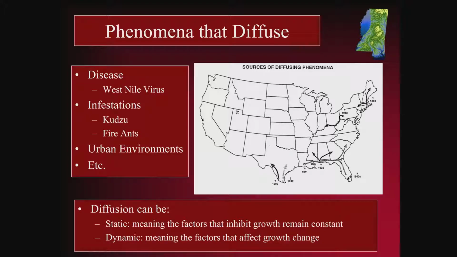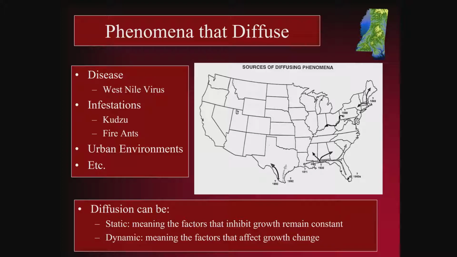They actually planted it to shore up road cuts, but it ended up growing everywhere. Fire ants were more of a mistake. They came through. This is the map of fire ant diffusion. They actually came in through some of our ports on fruits, as fruits were imported from South America.